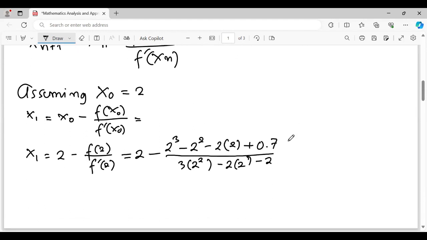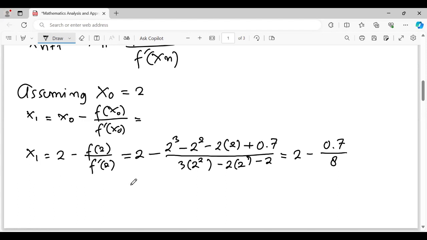And it becomes, we'll calculate, 2 minus, the numerator is 0.7 and the denominator is 8.